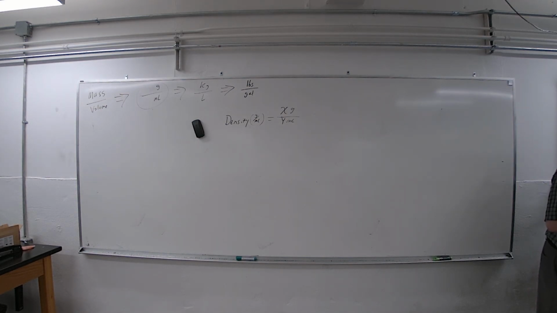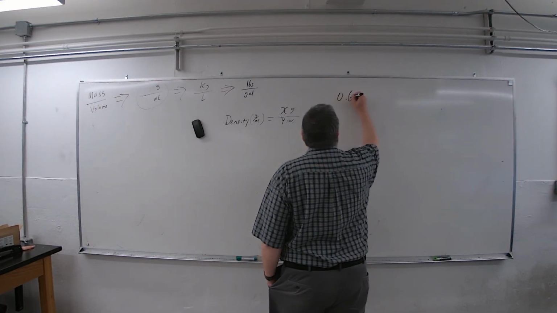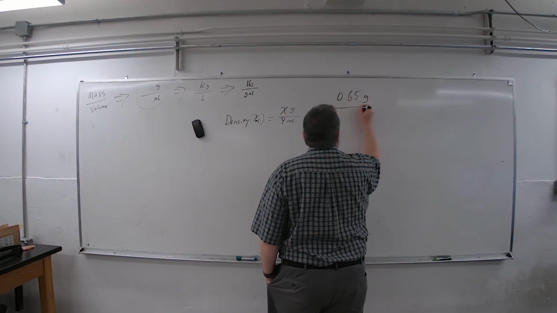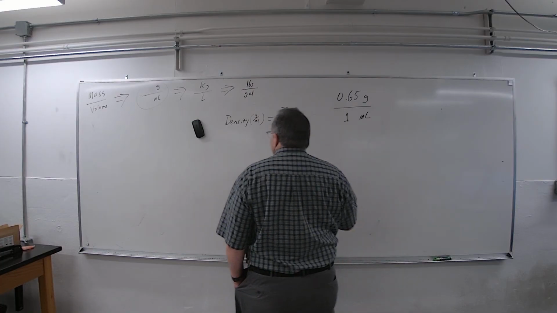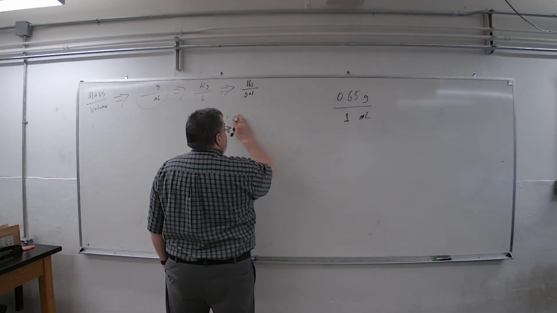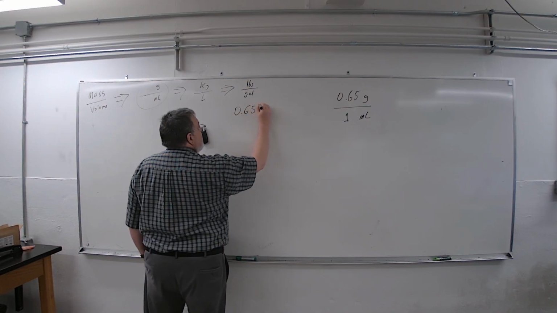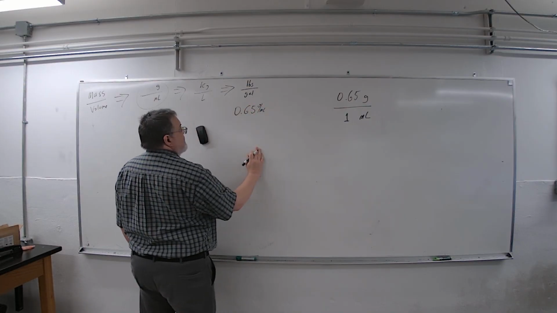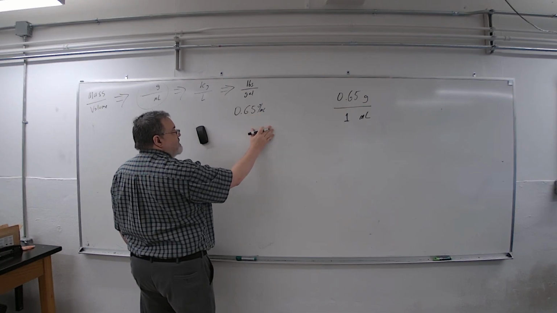Question 1 in the density. Density of 0.65 grams. I think I said this last time, but this just tends to be the way we write density in a sentence.